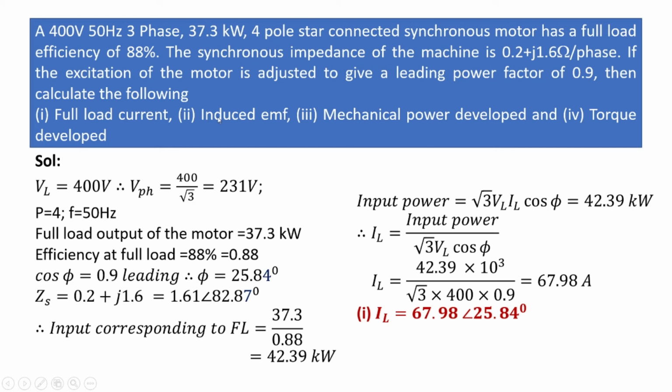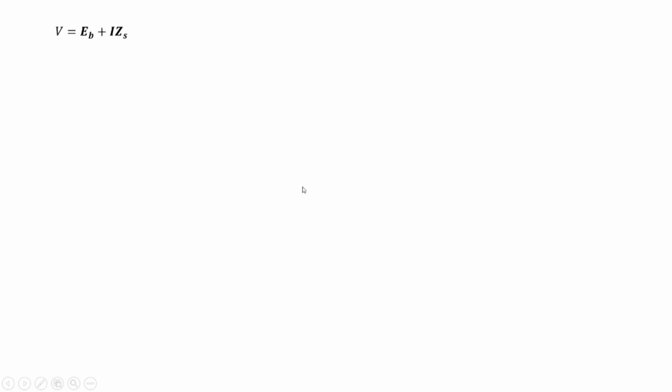Now we need to calculate the induced EMF. In order to find the induced EMF, we can utilize the standard equation V is equal to EB plus I into ZS. So from this we have the expression for EB as V minus I into ZS. Note that all the parameters which we are going to substitute in this equation should be in polar form. So here voltage is taken as reference.